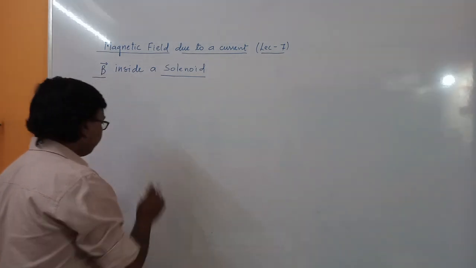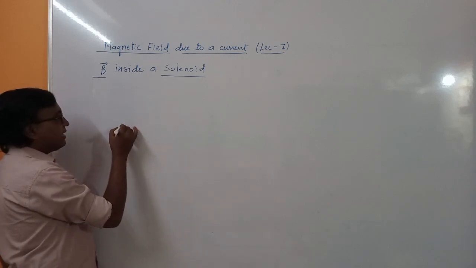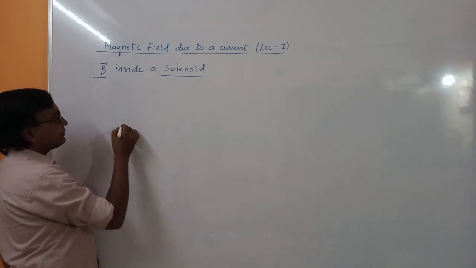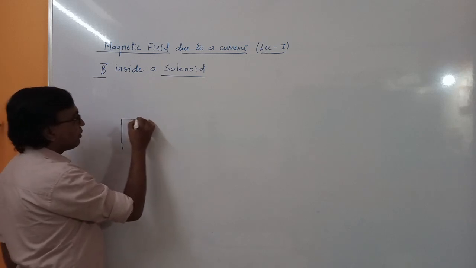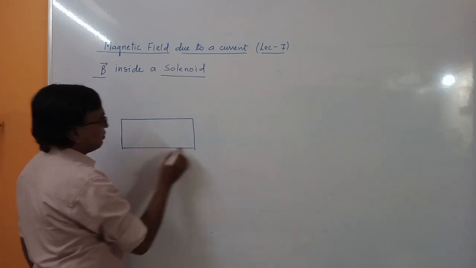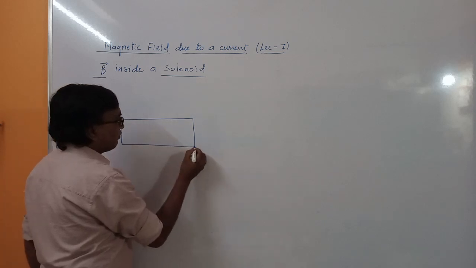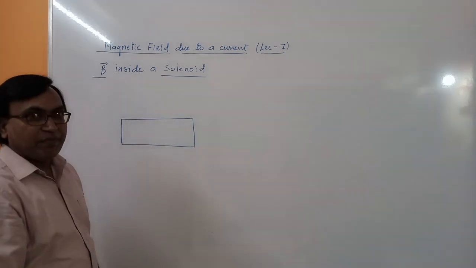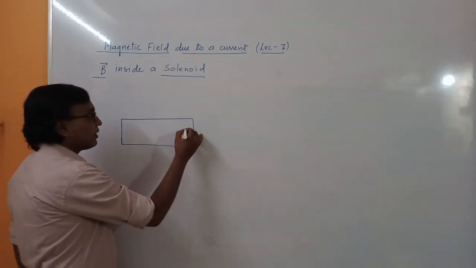So if you take a natural magnet, so this is a magnet. Now this magnet will have two poles.